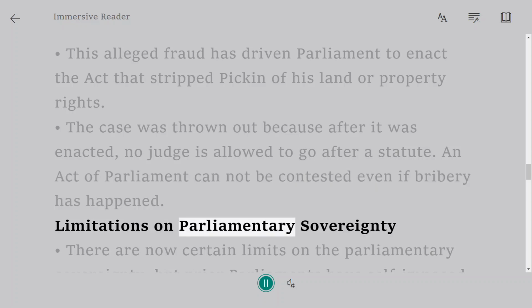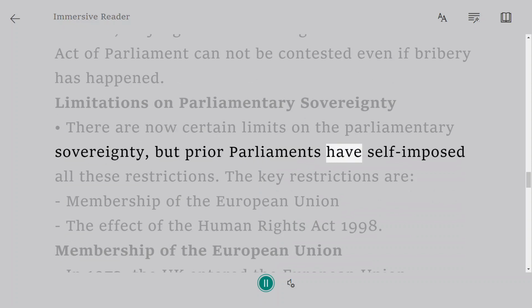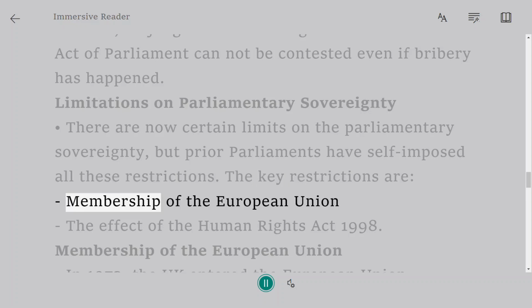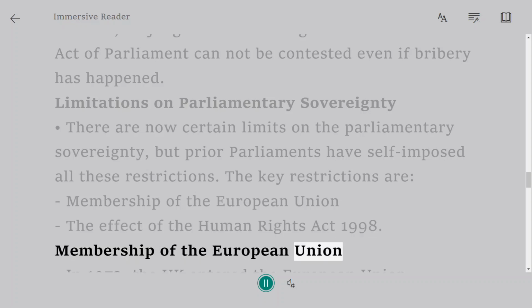Limitations on parliamentary sovereignty. There are now certain limits on the parliamentary sovereignty, but prior parliaments have self-imposed all these restrictions. The key restrictions are: membership of the European Union and the effect of the Human Rights Act 1998. Membership of the European Union.